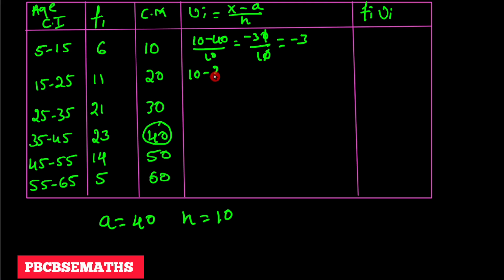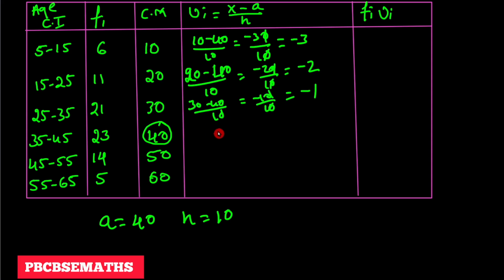Here 20 minus 40 by 10, that is minus 20 by 10, which is equal to minus 2. Here 30 minus 40 by 10, which means minus 10 by 10, which gives us minus 1.